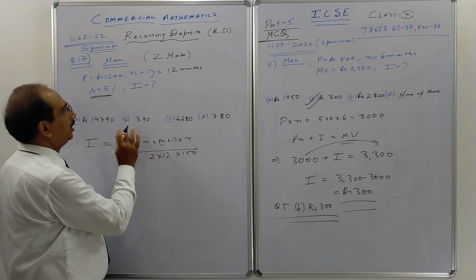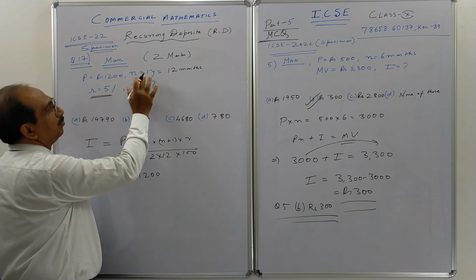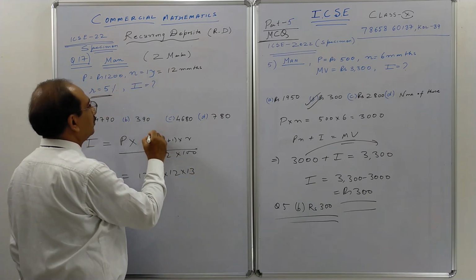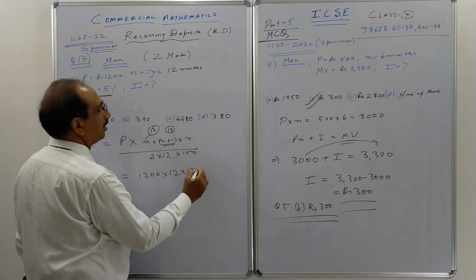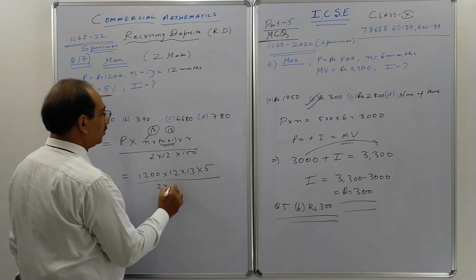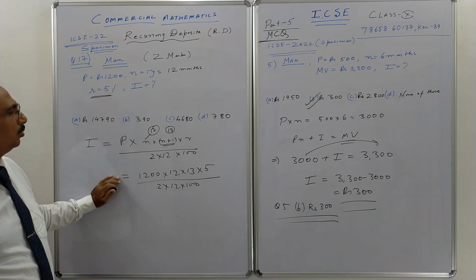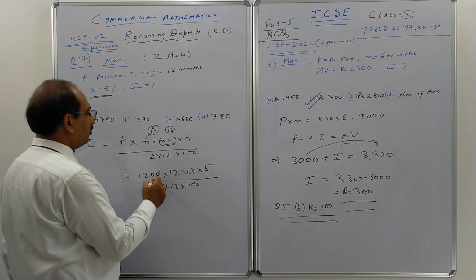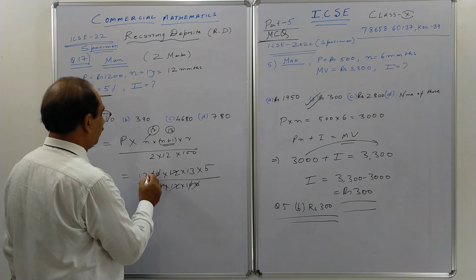So P is 1200. He deposits for 12 months, 12 plus 1, 13, into rate of interest, children, is 5, by 2 into 12 into 100. If you do correct substitution, you will get 1 mark here. This is a 2 mark question and 1 mark will be for the answer. So let us cancel and see what we get.